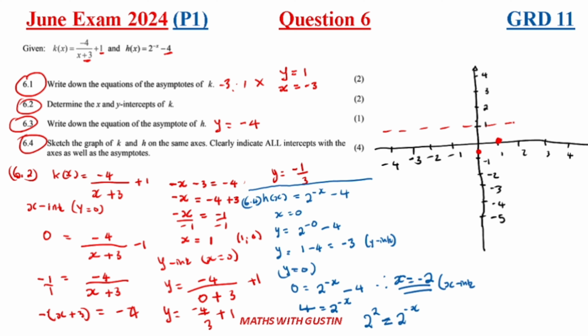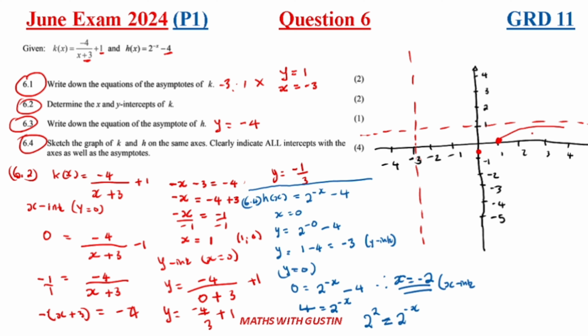Lines of asymptote. And then what else? And then x is equal to negative 3. There you go. x is equal to negative 3. So here's our hyperbola right here.